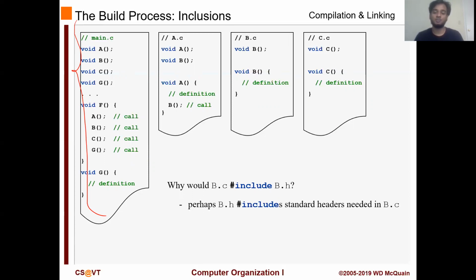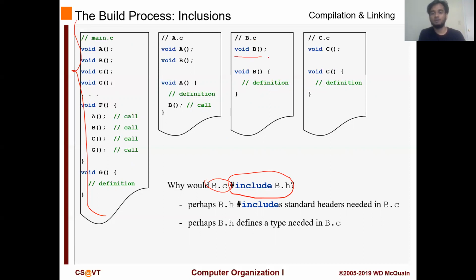So why would b.c include b.h? Maybe b.h includes the standard headers needed in b.c, and perhaps b.h defines a type needed in b.c. You will be seeing that more later on, but this is a general example of how it may happen. I hope you understand why we need this part in our file b.c, because it's literally the declaration all over again.